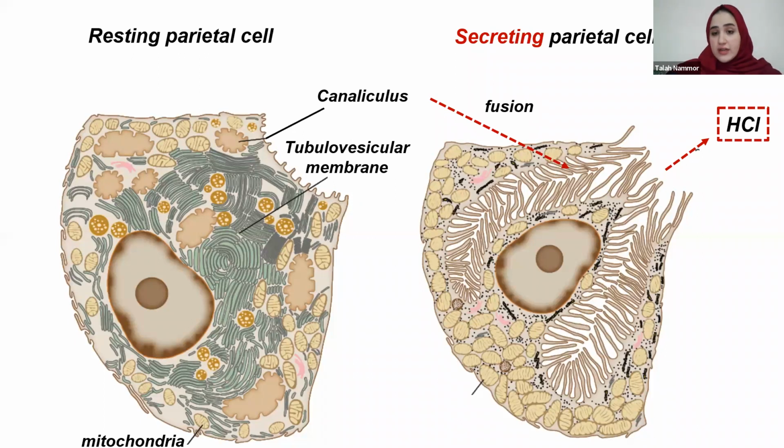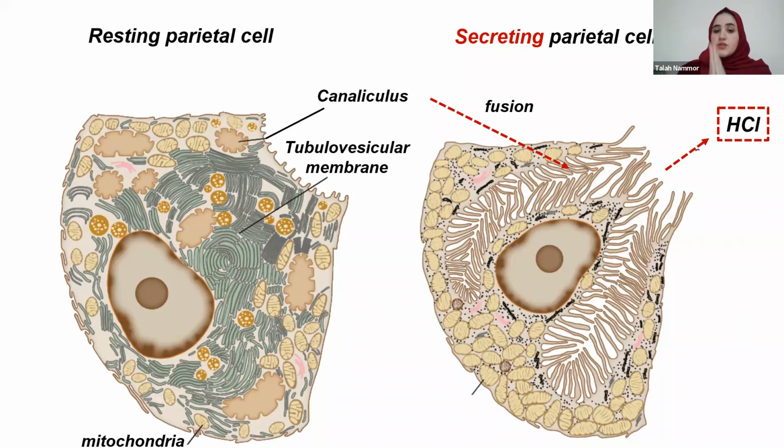So now, if you look at the structure of this parietal cell, we have a lot of space to secrete a lot of gastric acid. Earlier, the surface area was so tiny, it wouldn't produce a lot. That's why it undergoes this change.